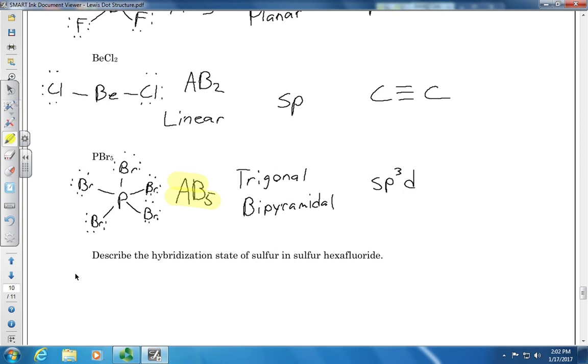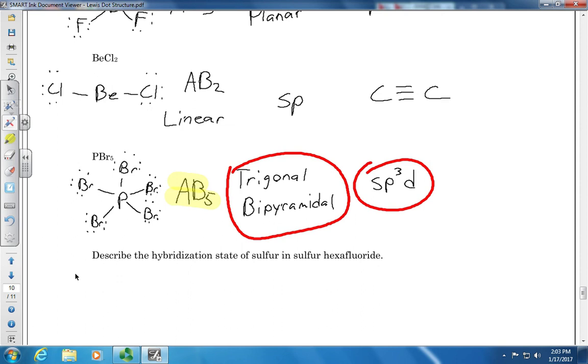Well, that's true, but there are millions and billions of combinations that you'd have to recall if that were the case. Just memorize it in terms of the generic formula, draw the molecule out, and from that molecule picture, you can write the generic formula, and from there you can get your geometry and your hybridized state.